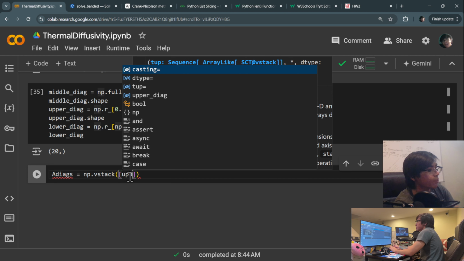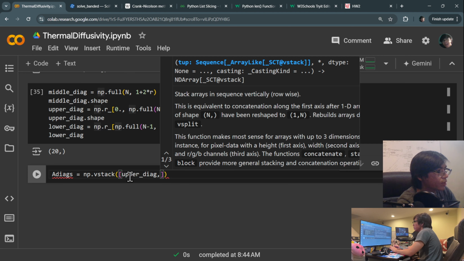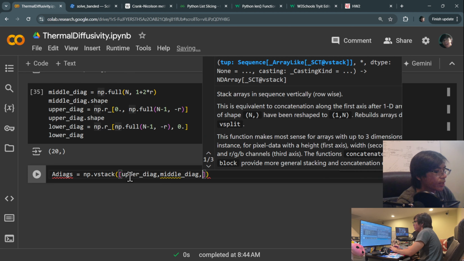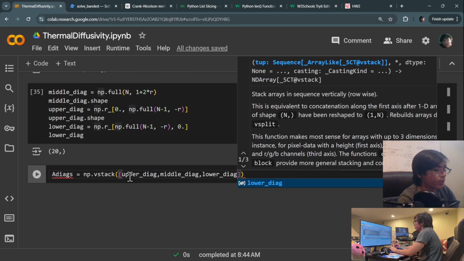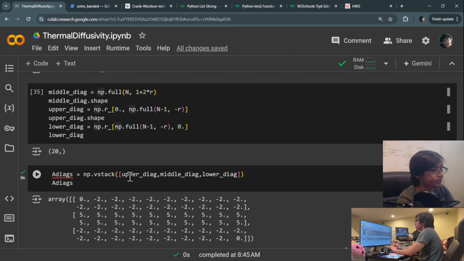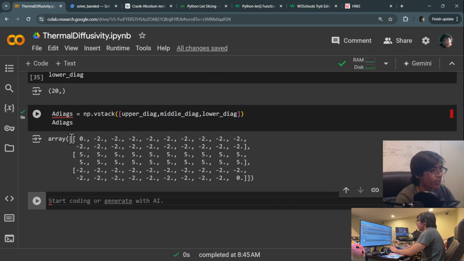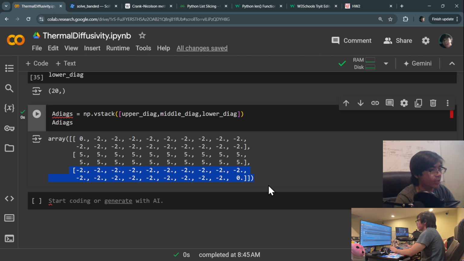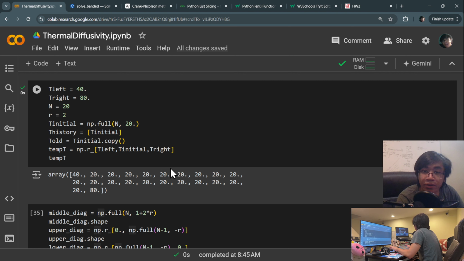So it is upper, middle, and now lower. And now if I go ahead and display that, there we go. So we have upper, 0 on the left, middle, 20, and then lower, 20 with our 20th element we added as a 0. Awesome.